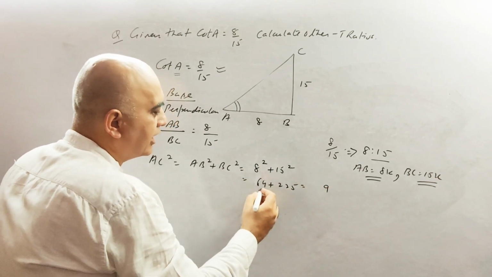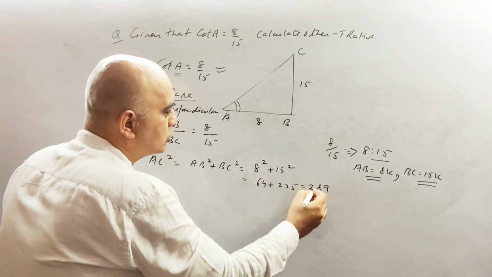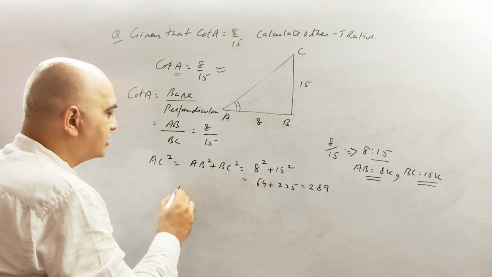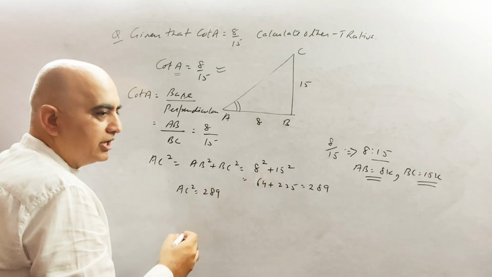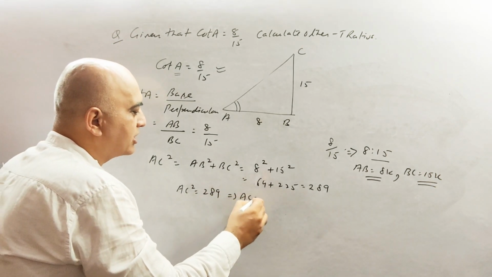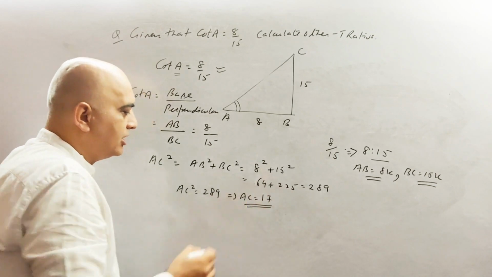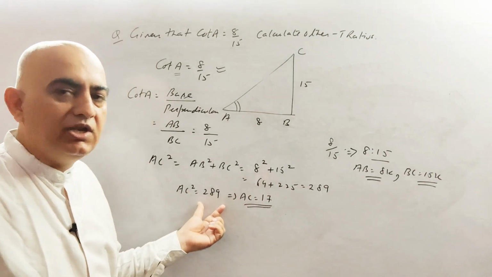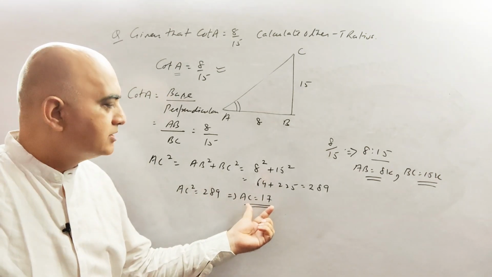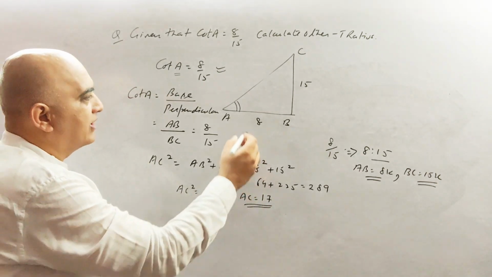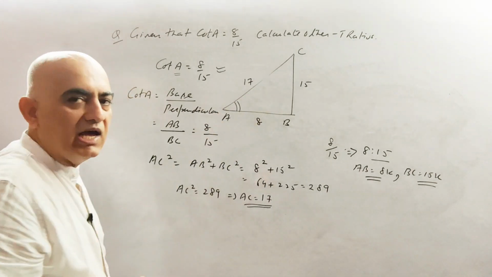So we get 289, that is AC square. Then AC becomes 17. Yes, 17 square is 289. Then we can find the square root of this, that would be 17.